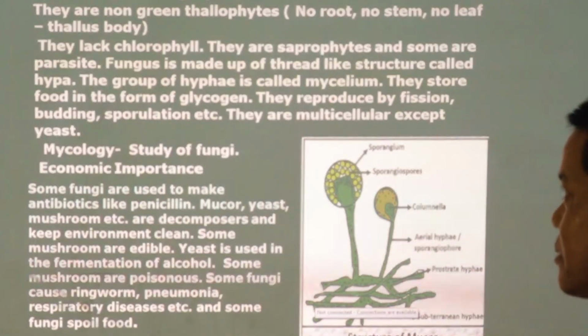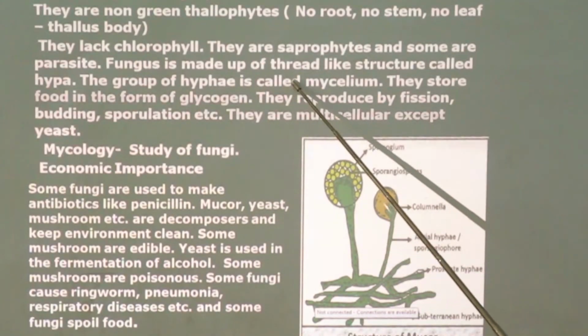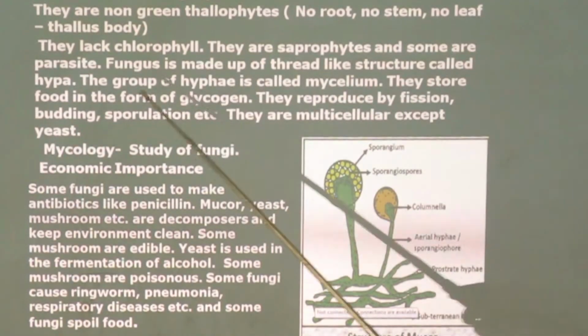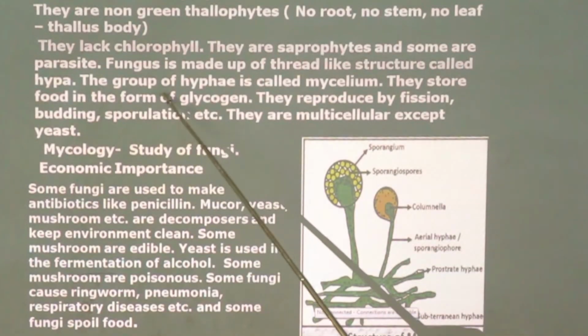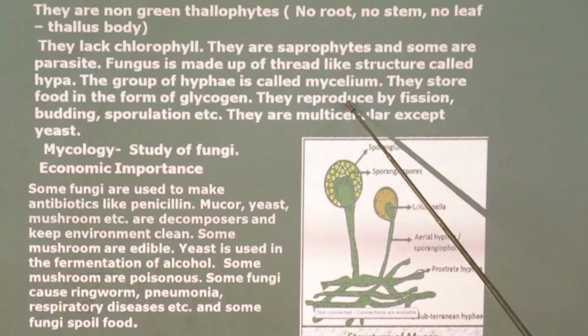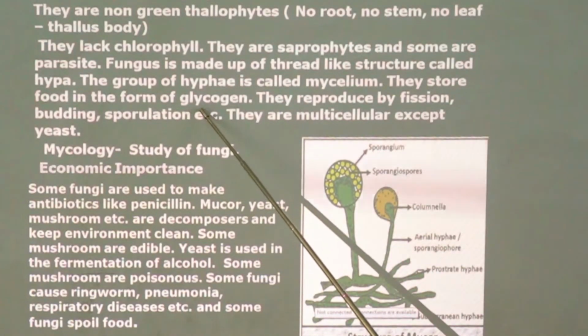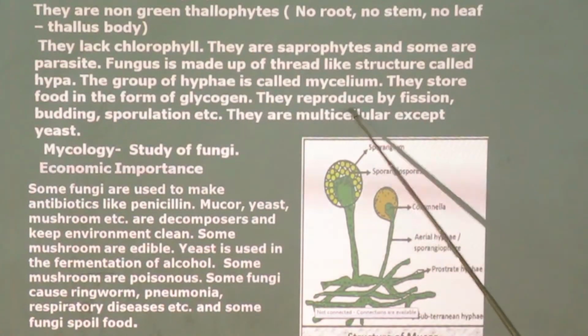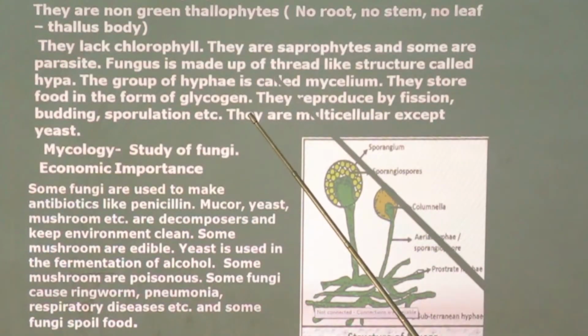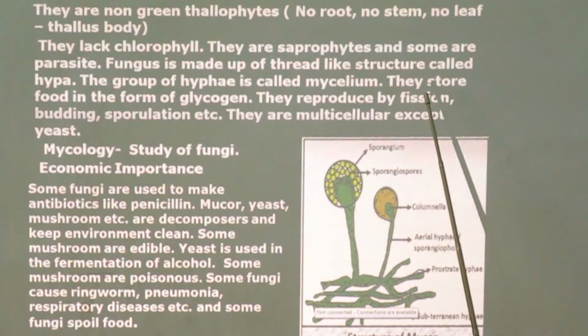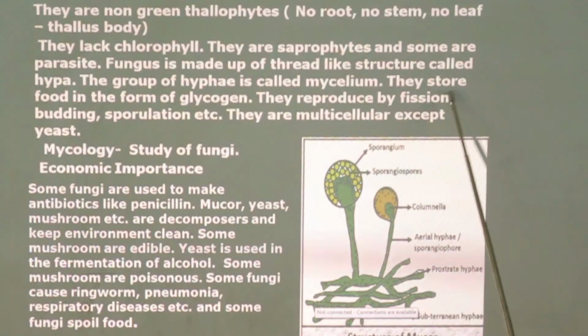the host. Fungus is made of thread-like structures called hyphae. The group of hyphae is called mycelium. They store food in the form of glycogen. They reproduce by fission. The body is divided, broken down, that is called fission.